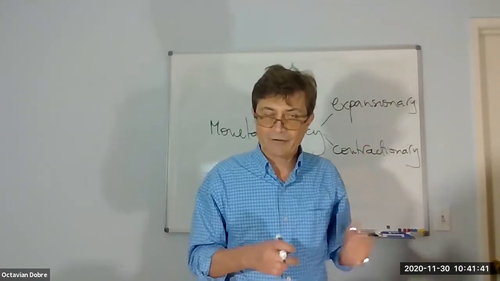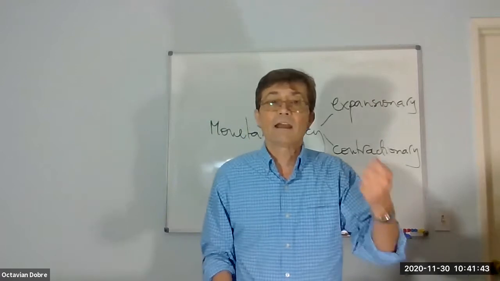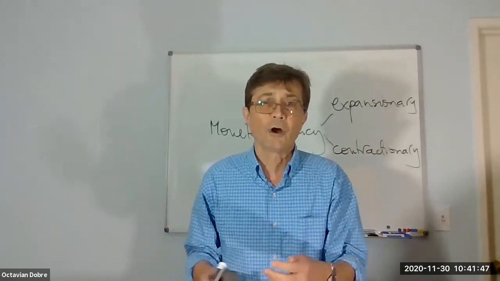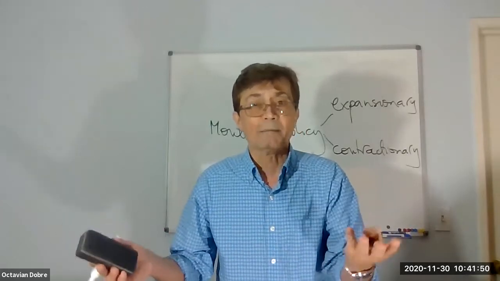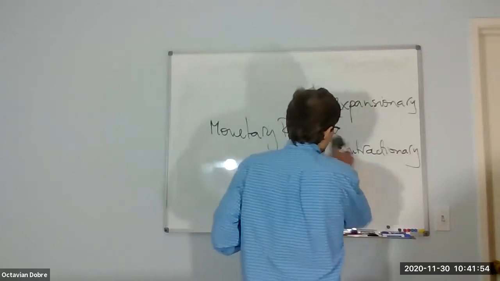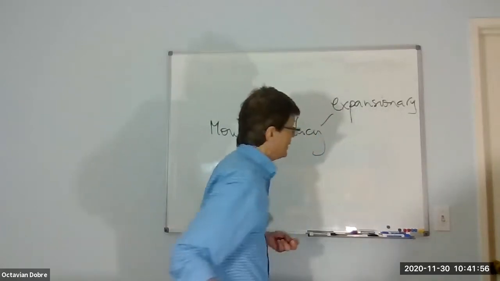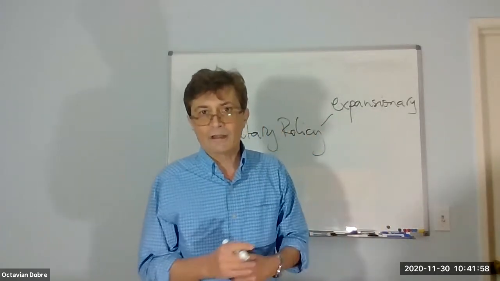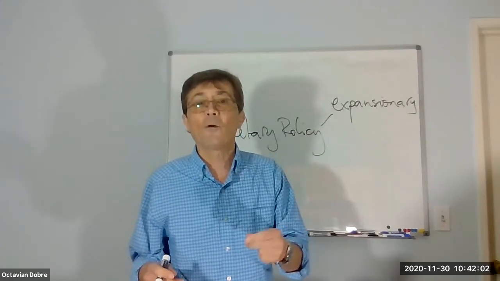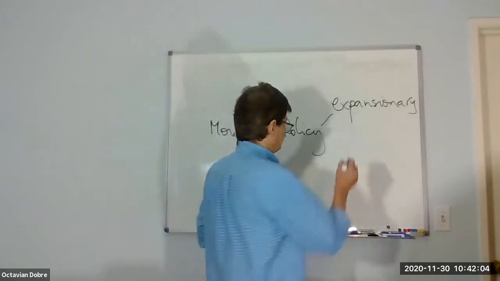Now here is the Fed. So let's talk about expansionary monetary policy, and then you also know immediately what contractionary monetary policy would be. So you already told me one of them, one tool of expansionary monetary policy is to lower the reserve requirement ratio.